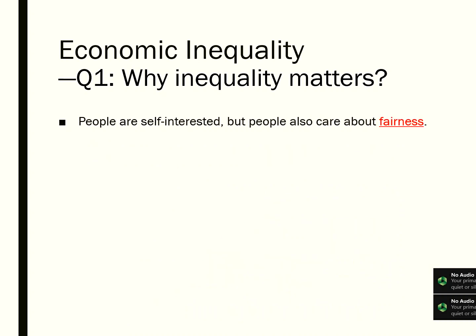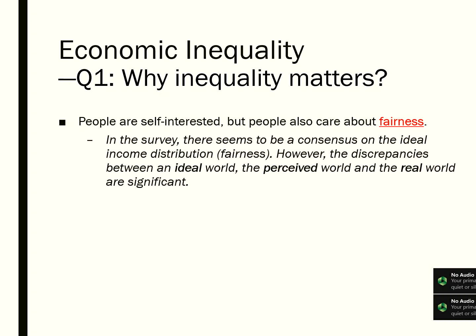People care about inequality because we are not only self-interested, but also care about fairness. In the survey, there seems to be a consensus on the ideal or fair income distribution. However, the difference between an ideal world, the perceived world, and the real world are significant.